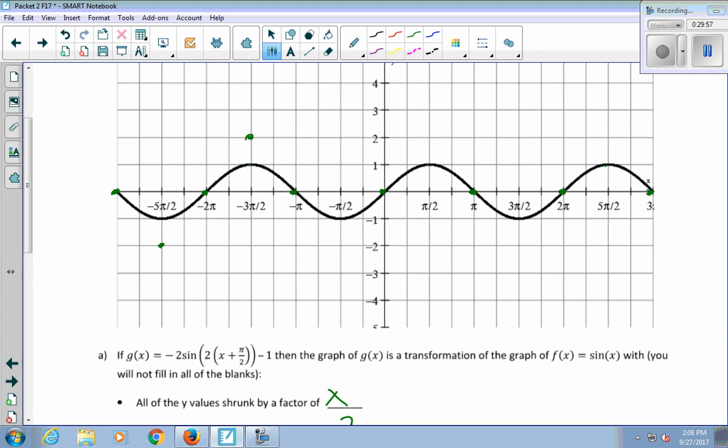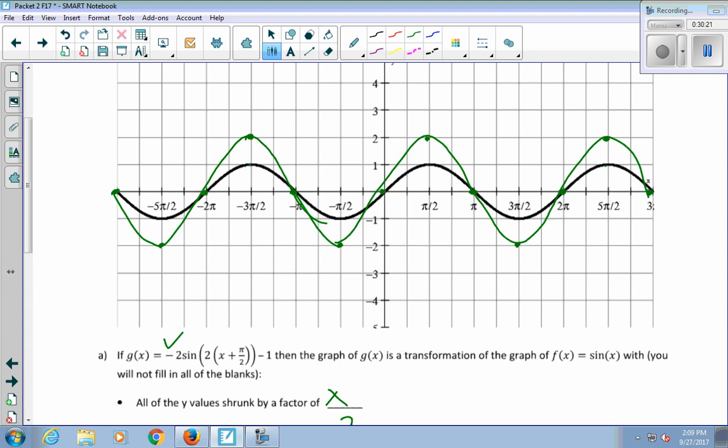So instead of 1 and -1, they're going to be 2 and -2. All right, and I connect those. Okay, so that's my first step.